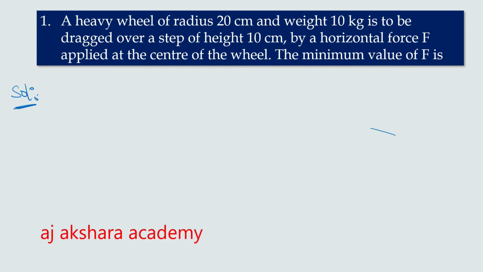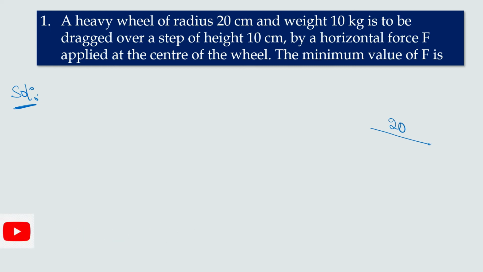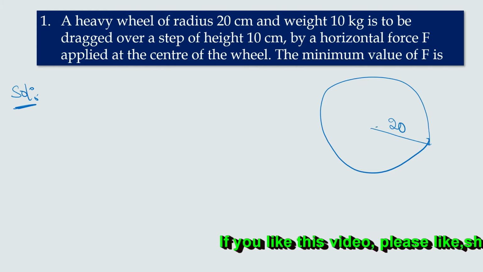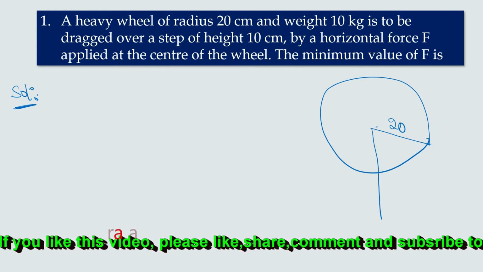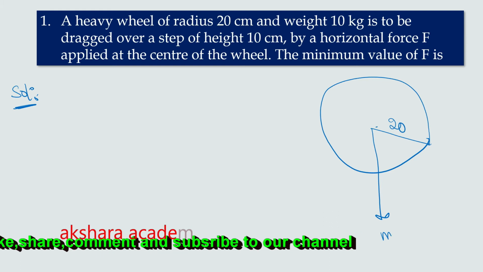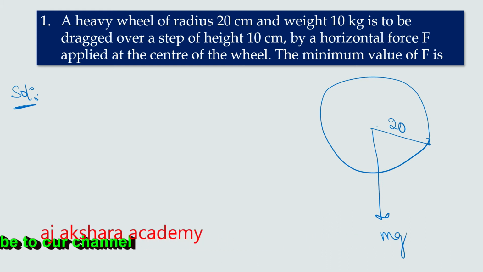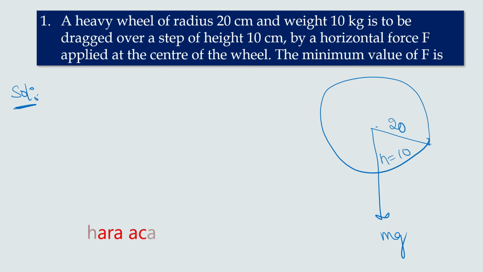Here we are taking 20 centimeter radius and this is the heavy wheel. Now, the weight of this wheel is 10 kilogram and the height they given as 10 centimeter.